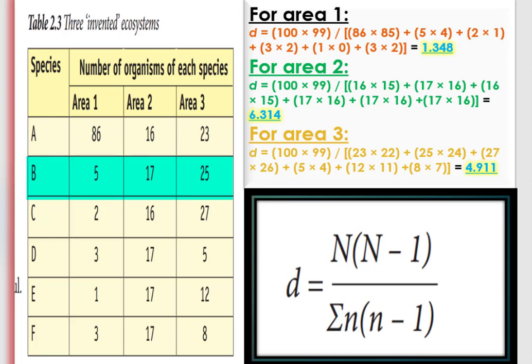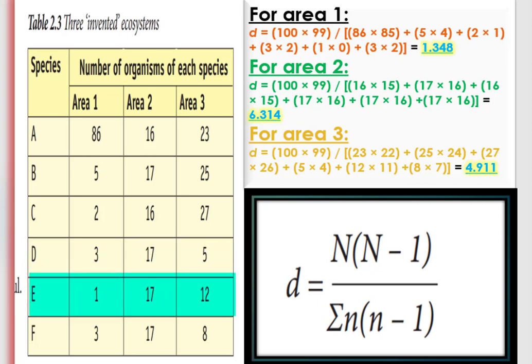The same is true for species B. Species B has 5 individual members at area 1, 17 at ecosystem 2, and 25 at ecosystem 3. Species C has 2 members at ecosystem 1, 16 at ecosystem 2, and 27 at ecosystem 3. D has 3 members at ecosystem 1, 17 at ecosystem 2, and 5 at ecosystem 3.